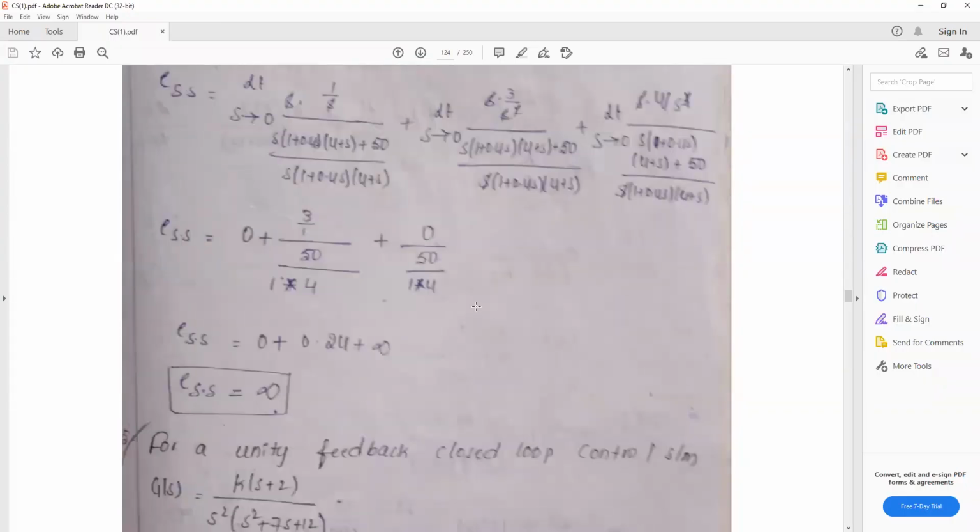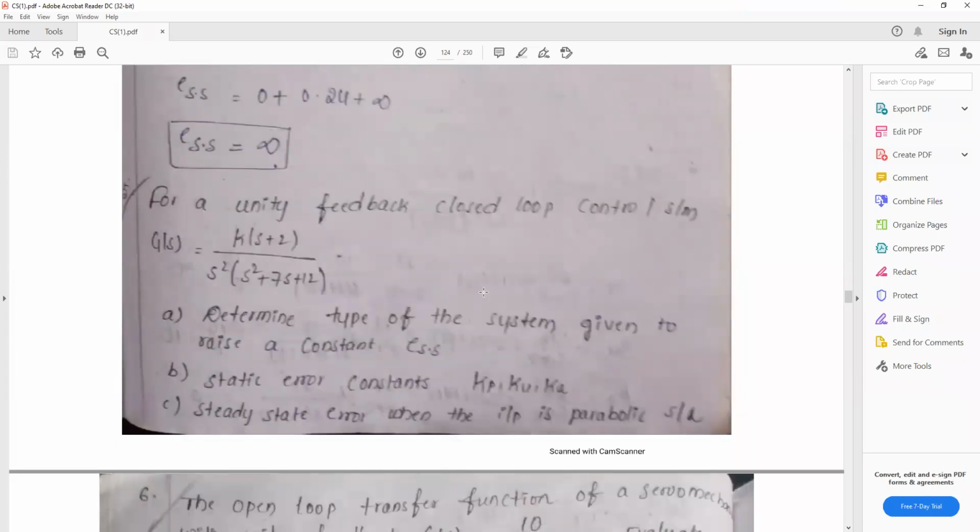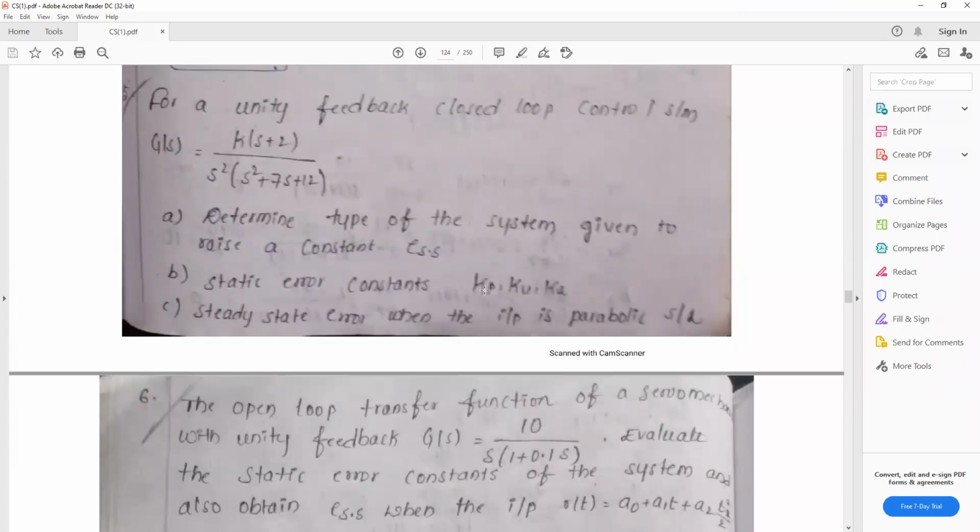And the next problem, for a unity feedback closed loop control system, g of s is equal to k into s plus 2 by s square into s square plus 7s plus 12. Determine what type of the system given to rise a constant steady state error?